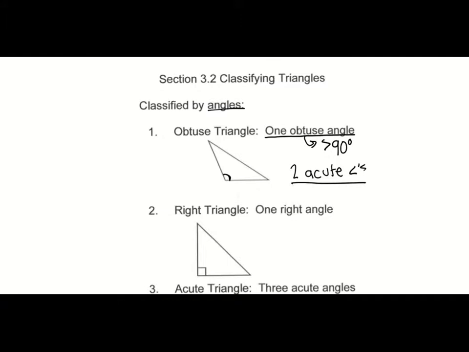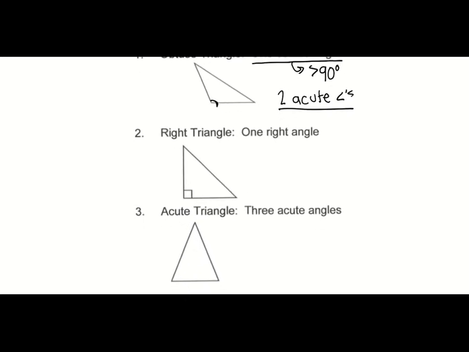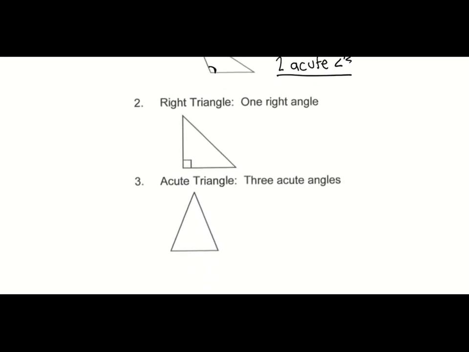In our next triangle, a right triangle, we have one right angle, which we've talked about already. This little square in the corner means it is a right angle, 90 degrees. And that makes our other two angles in our triangle acute.